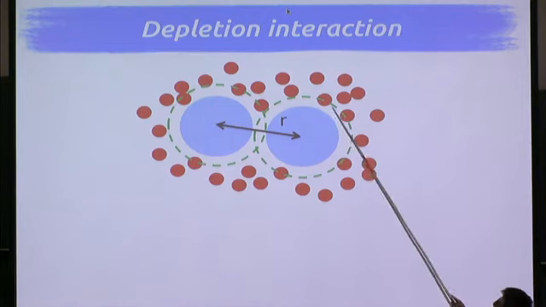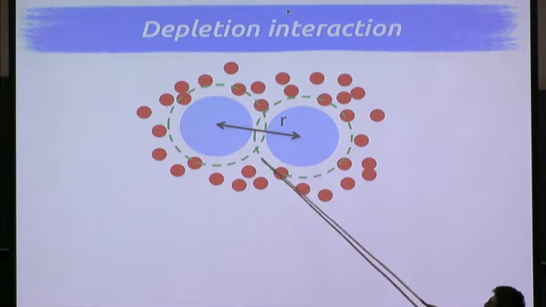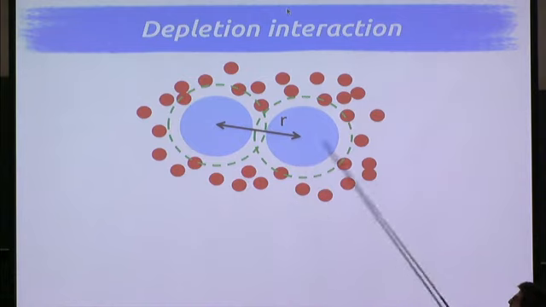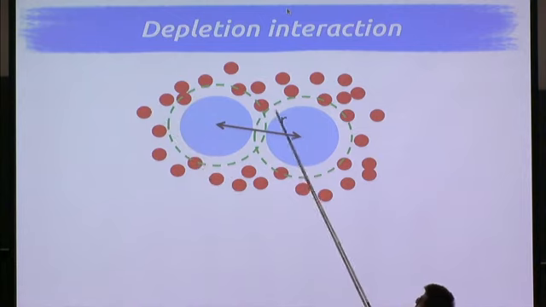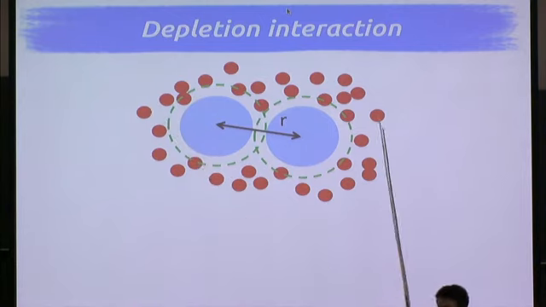When the depletion regions of two big particles overlap, you have an effective attraction due to the uncompensated osmotic pressure on this side and on this side.